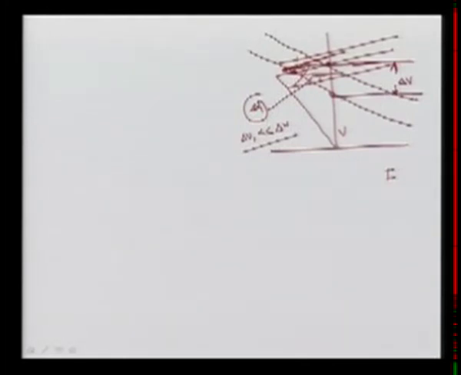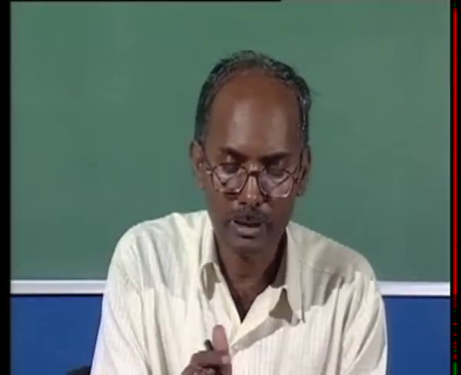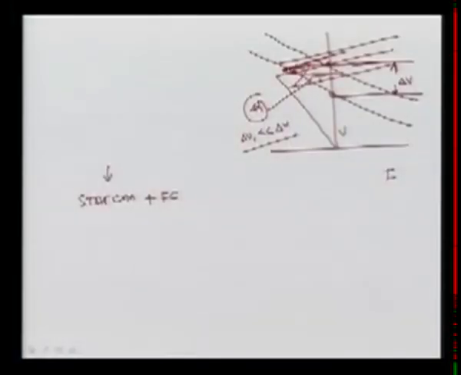Now let us see the various combinations of your StatCom. Suppose we have the StatCom characteristic, plus we can have some fixed capacitor. The margin is less, but we can add the fixed capacitor, and they are very cheap.